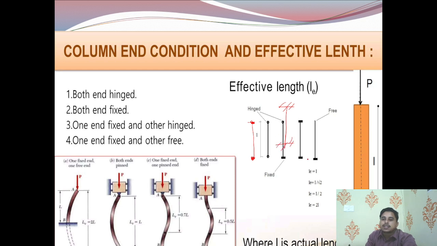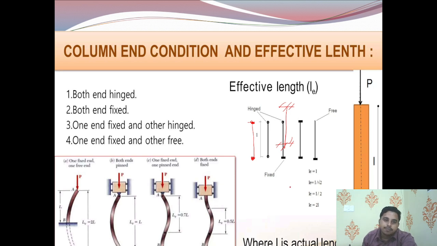So for this case, there are effective lengths given: for hinged at both ends, LE is equal to L; for one end hinged and the other end fixed, it is L by root 2; if both ends are fixed, then L by 2; and if one end is fixed and the other end is free, then LE is equal to 2L.